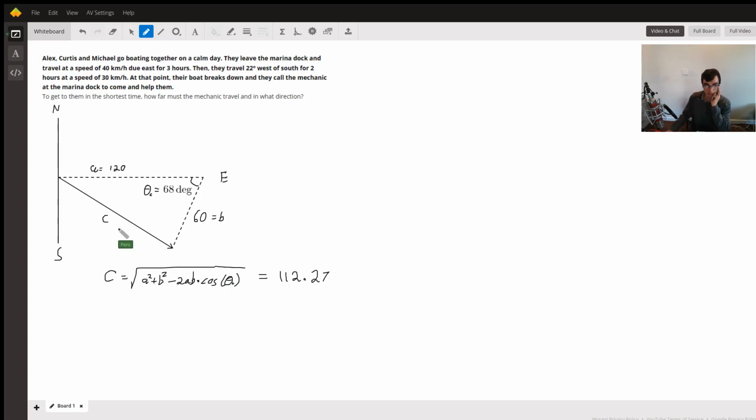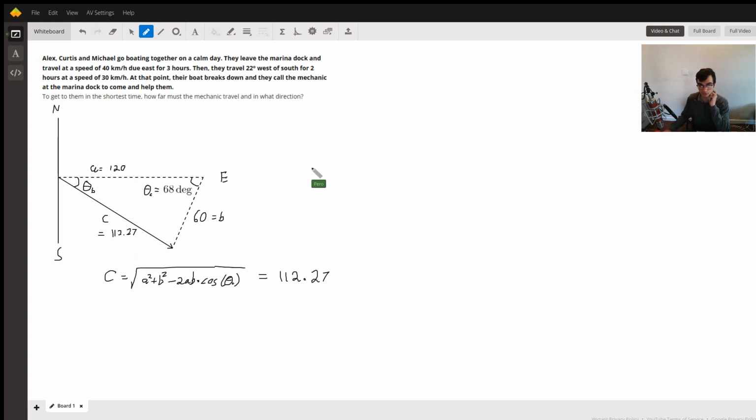Now that we know the side length here, that this is equal to 112.27, we can use the law of sines to create a proportionality between this angle, let's call this theta B, and this is the side length B, and this is theta C and the side length C.